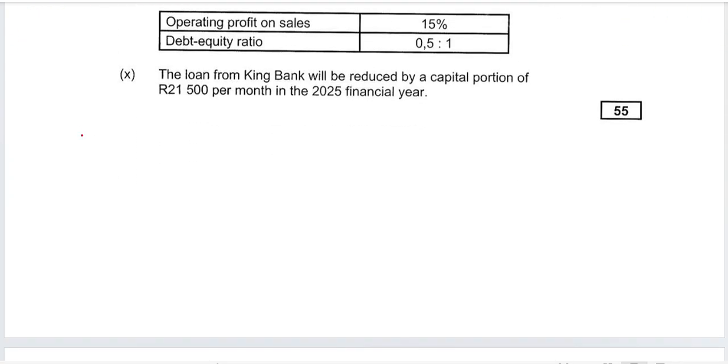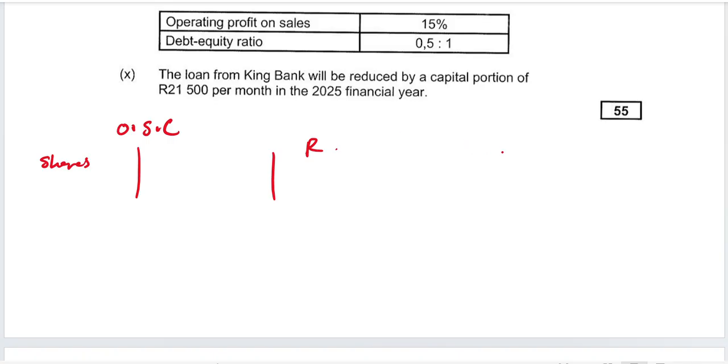So since we have our shareholders for dividends, we have to calculate it. On ordinary share capital, we have shares, then here we put the amount in rand.